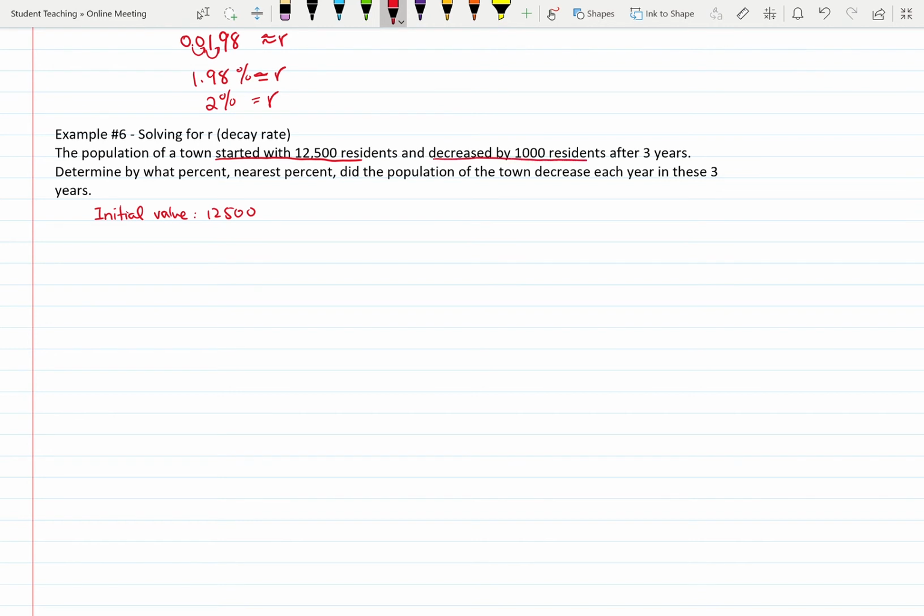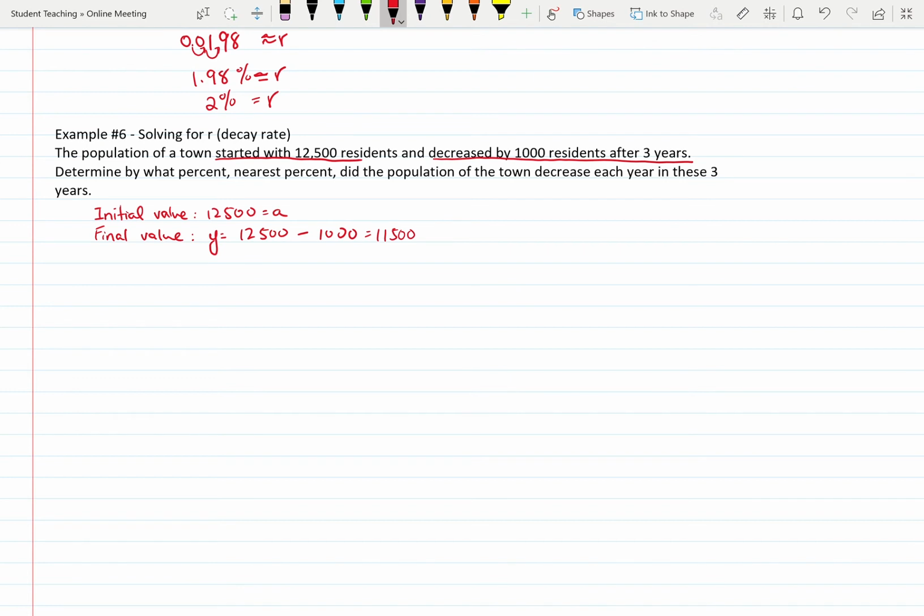This information tells you that our final value y is equal to 12,500 minus 1,000, because it says it's decreased by 1,000 residents. So the starting value, you have 12,500. After 3 years, it's decreased by 1,000. So you subtract 1,000. That gives us 11,500.